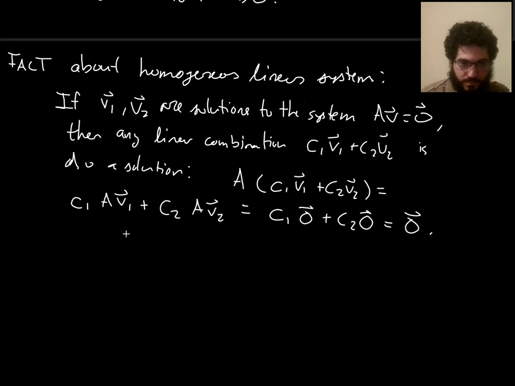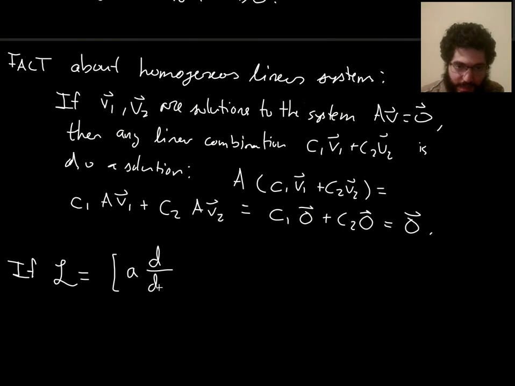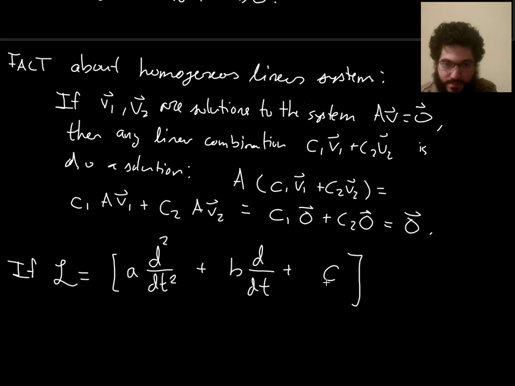So we define L to be that stuff that's happening to x on the left-hand side: an operator that applies 2 time derivatives and then multiplies by a, and then adds the result of taking 1 time derivative and multiplying by b, and then adds the result of multiplying by c.